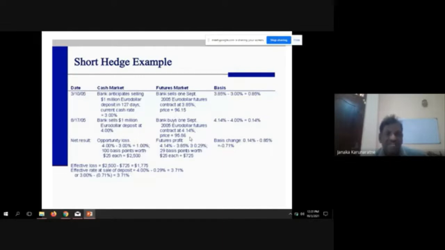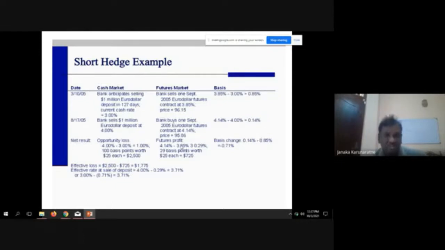Similarly, the futures market rate has also increased, but not by the same amount. It's 4.14, so at a price of 95.86. I sold at 96.15 and now I buy at 95.86. So I am making a gain of 0.14%. That is the basis.